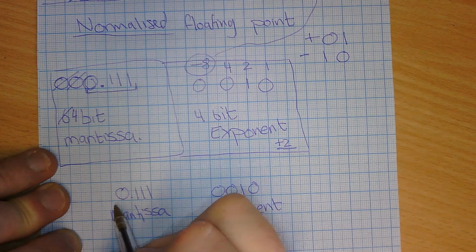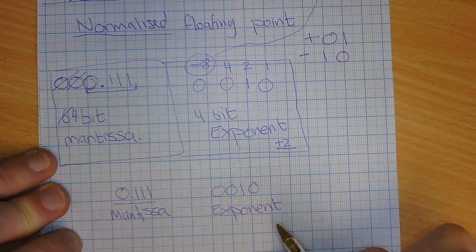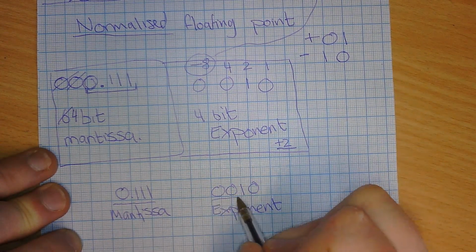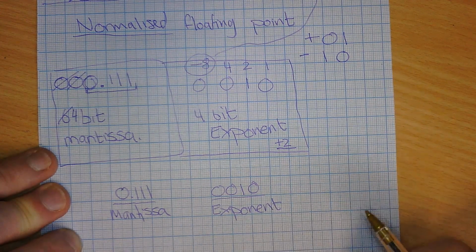I would need to clearly state that I have a 4-bit mantissa and a 4-bit exponent.